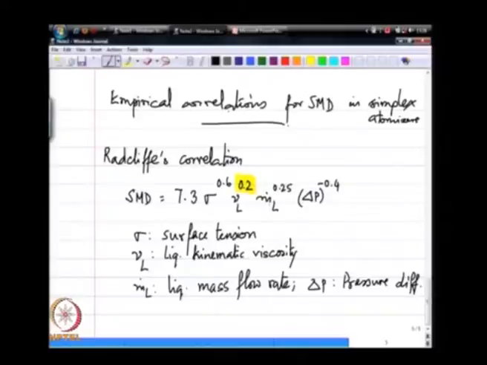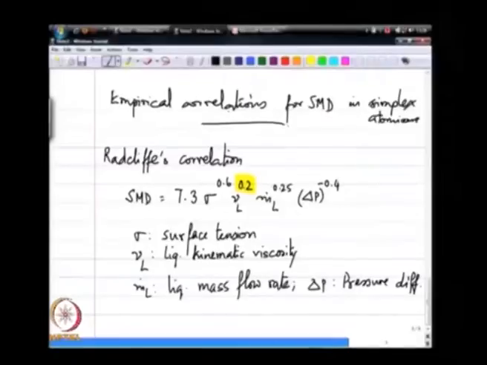Okay. As the mass flow rate goes up on the same atomizer. Now, how does the mass flow rate go up on the same atomizer? It goes up because delta P goes up. There is no other way, because this is only a single fluid atomizer. So, as delta P goes up, mass flow rate goes up, and as a result the increased mass flow rate gives us a Sauter mean diameter that is slightly higher, but the delta P is raised to the power minus 0.4.